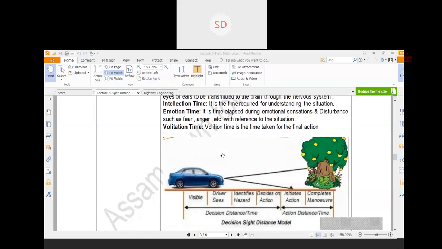For this reason, drinking and driving is not allowed, because whenever a driver drinks, he cannot think properly. His normal reaction time will increase, and he cannot analyze the situation. So for that reason, emotion time is also an important thing.